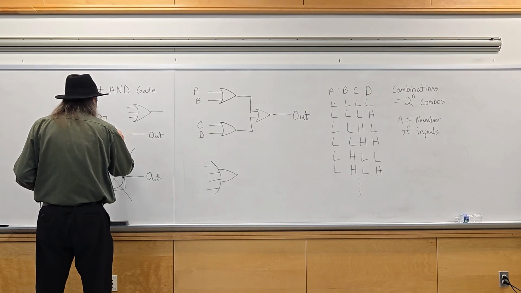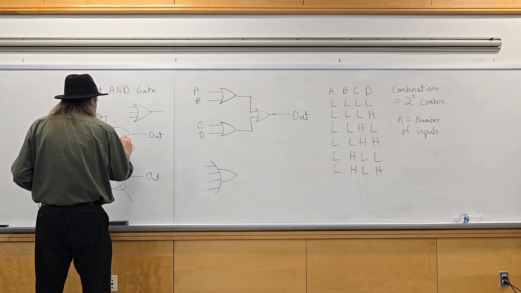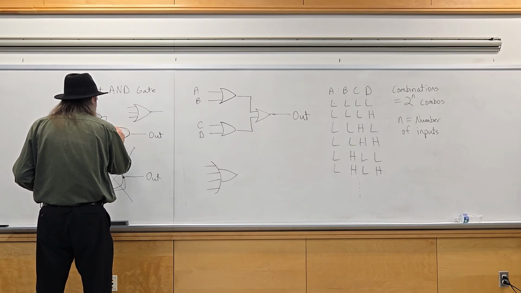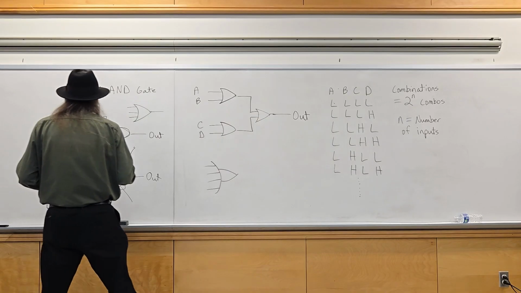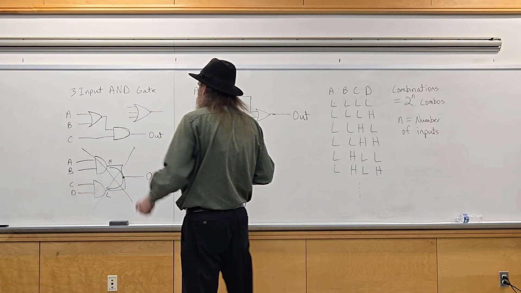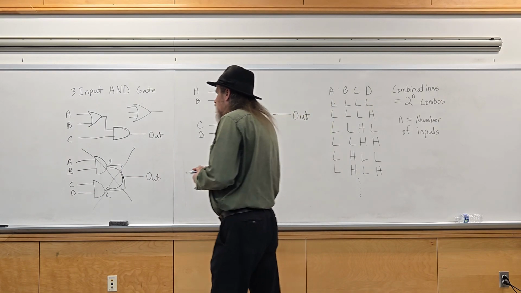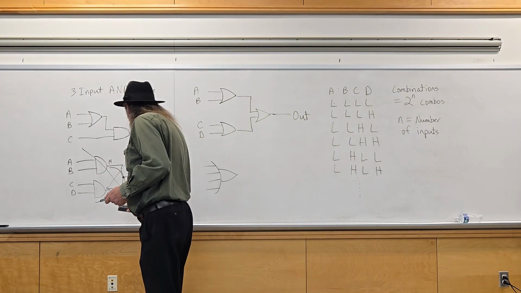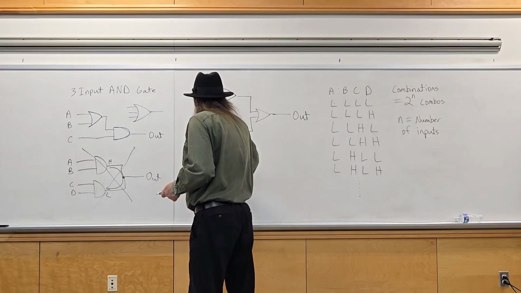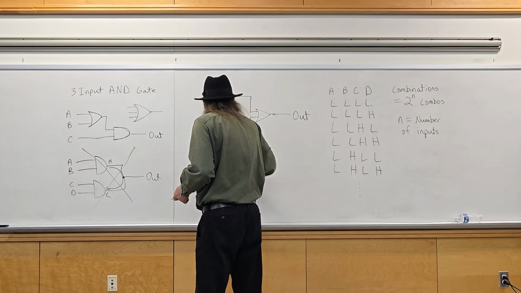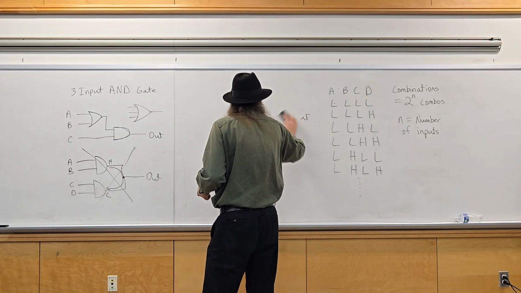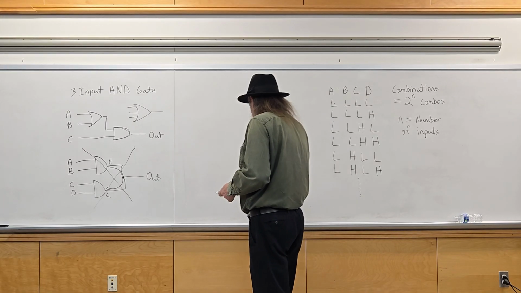This Boolean function is an OR gate feeding into one input of an AND gate, ANDed with C. So let's look at how you would construct the state table for that.